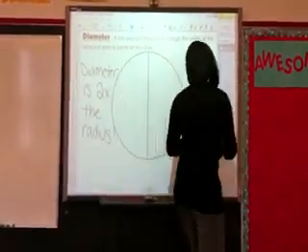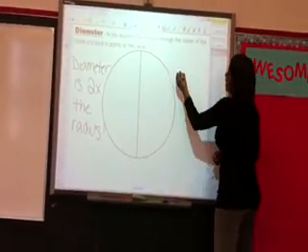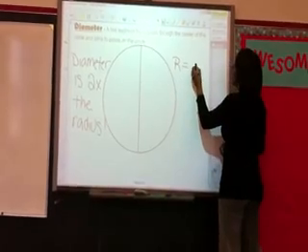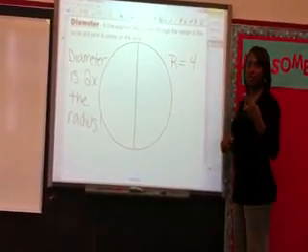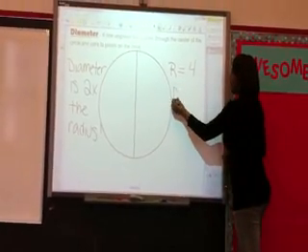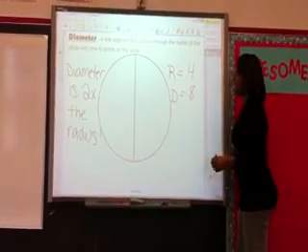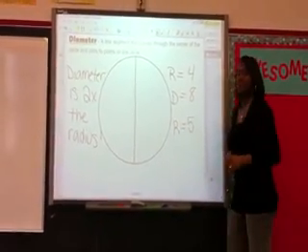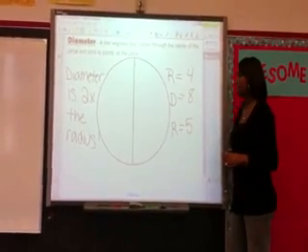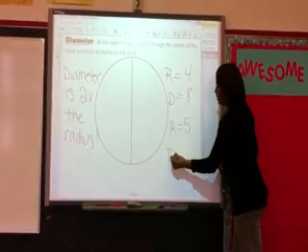And again, for example, if they give you a radius of 4, then you know the diameter is 2 times 4. So the diameter would be 8. And if they give you a radius of 5, then to find the diameter, you do 2 times 5, which is 10.